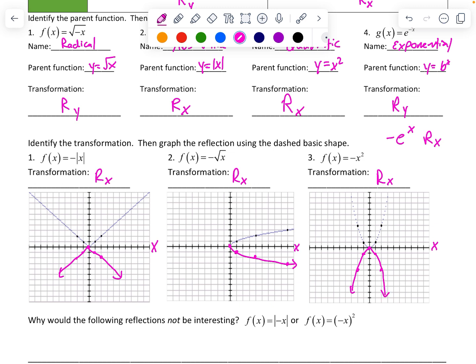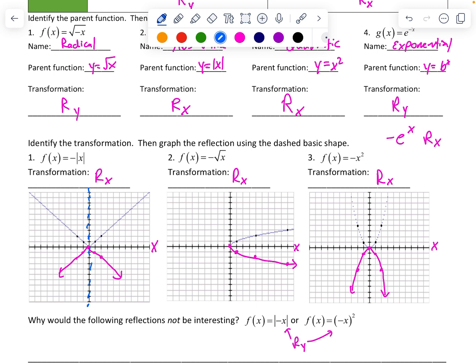So I know all those were across the x-axis, but if you notice down below, it says, why would the following reflections not be interesting? So why would it not be interesting to transform those across the y-axis? Well, if you look at an absolute value, that is a V shape. So if I were to reflect a V across the y-axis, it's going to look exactly the same.